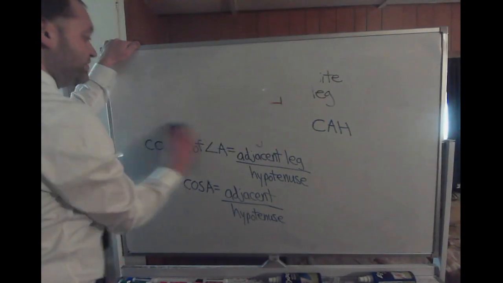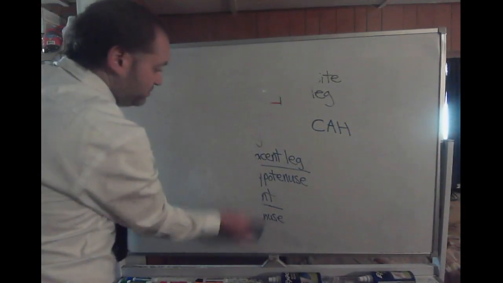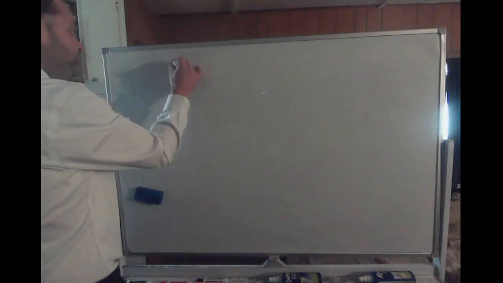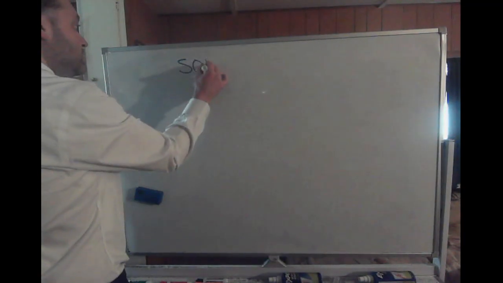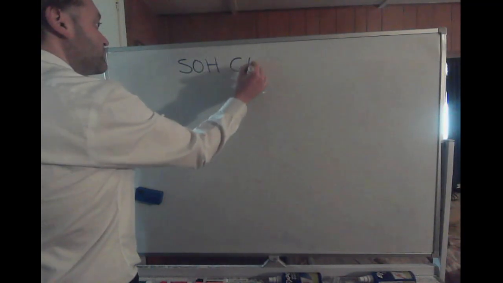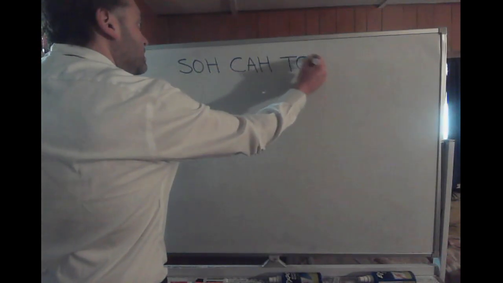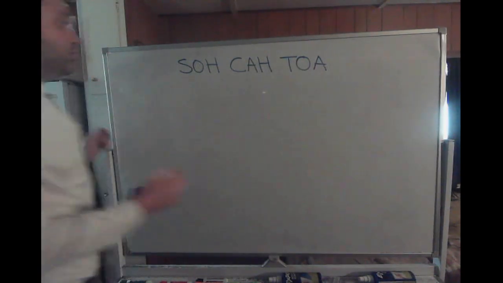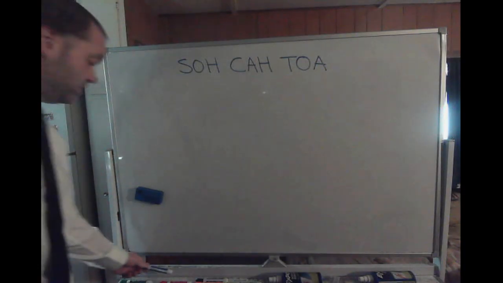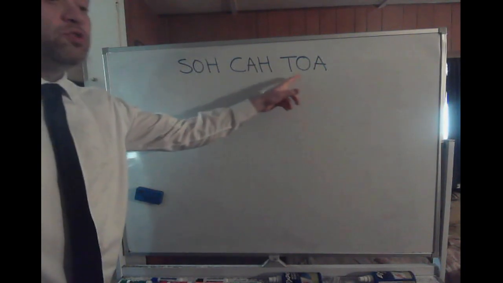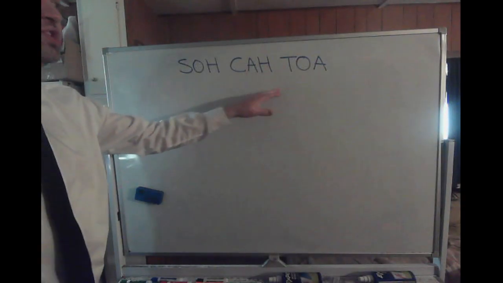So we've now learned the three ratios. We've learned tangent, we've learned sine and cosine. I'm going to give you a helpful acronym to remember all three. If you can remember SOH CAH TOA, you'll remember the three trig ratios.